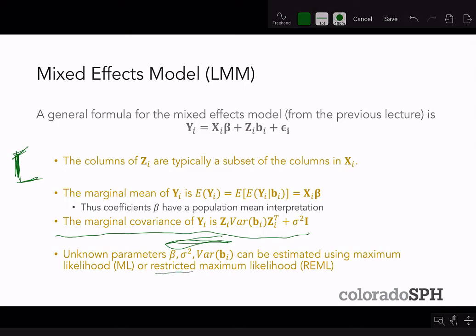Generally, restricted maximum likelihood is used because it's less biased in this context. I'm not going to go too much into what the estimation of that actually looks like, but it's something that you'll go into if you take the longitudinal class next year. And one thing to know is that estimation can actually get quite complicated in mixed effects modeling.